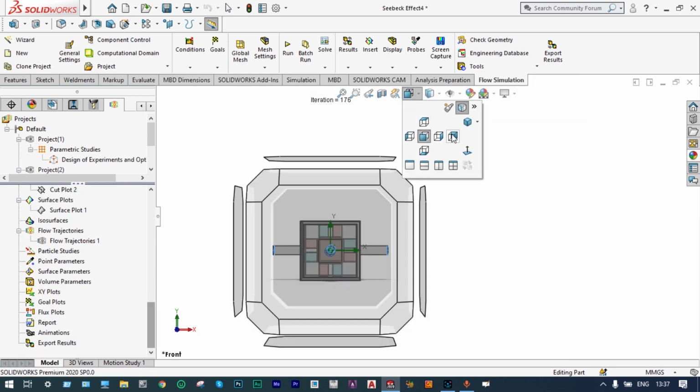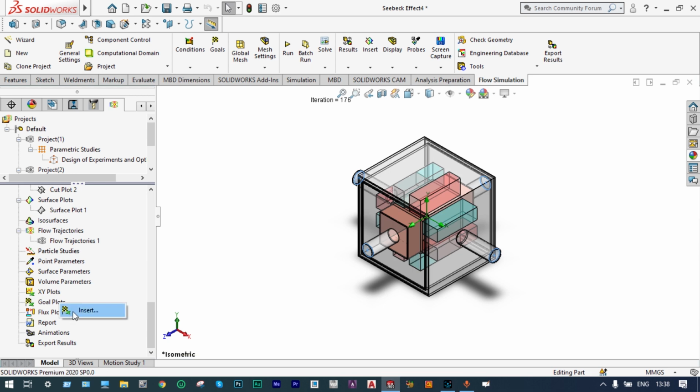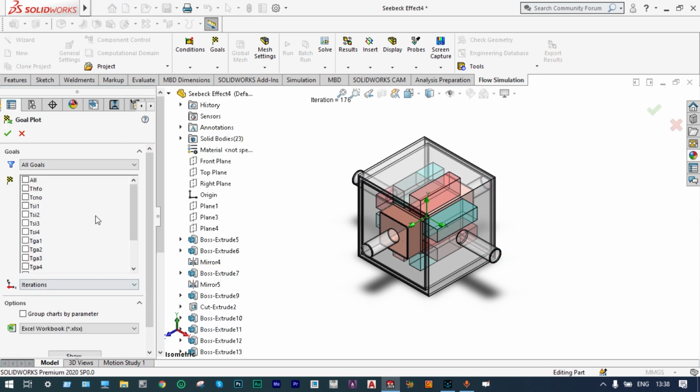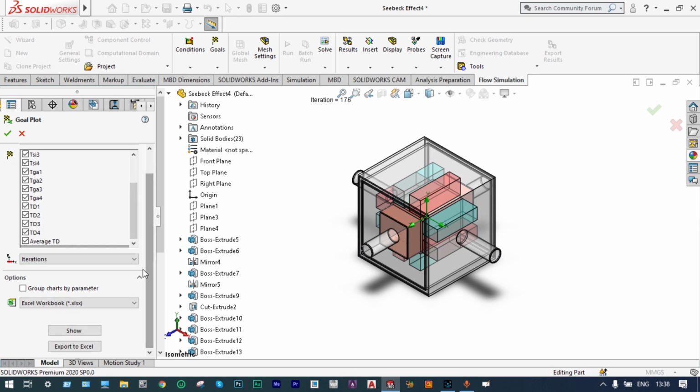Next to that, we want to see the goal plots. Insert. You can see all the goals, and that can be exported to Excel for better analysis. Let us export these things to Excel.